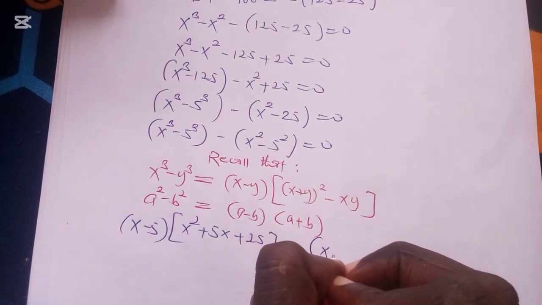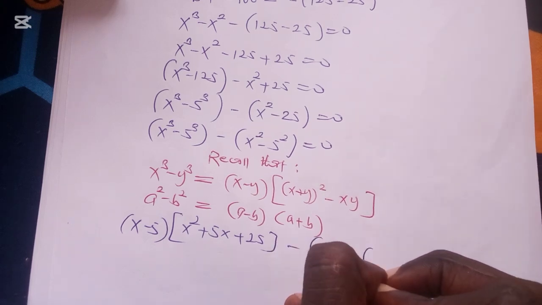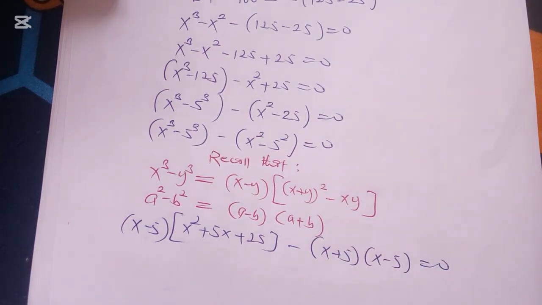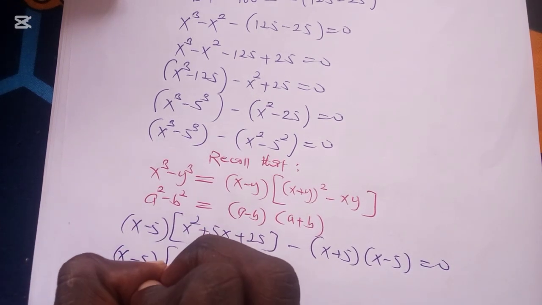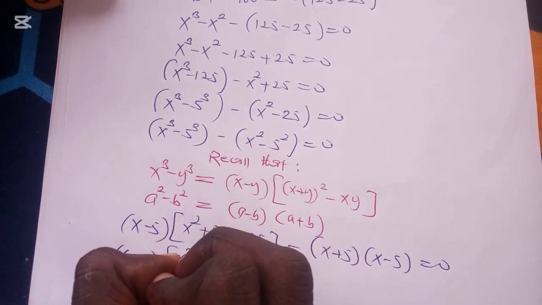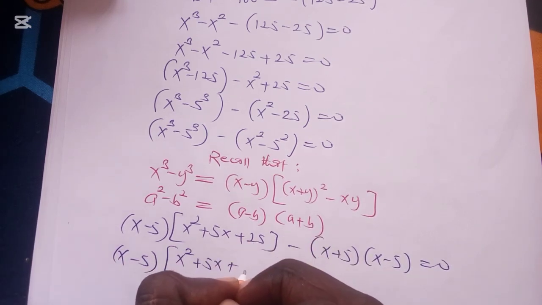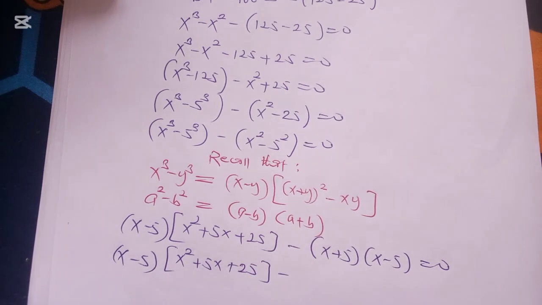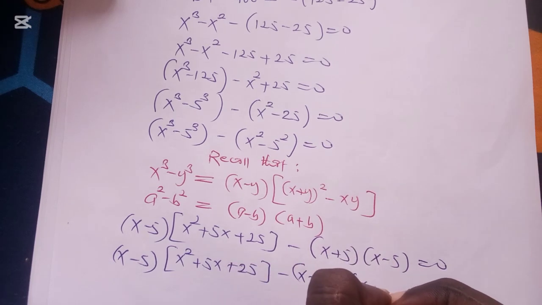That is, we have x plus 5 into x minus 5, then everything becomes 0. Now it continues to say x minus 5 into x square plus 5x, this is plus 25. Okay, minus x plus 5 into x minus 5.